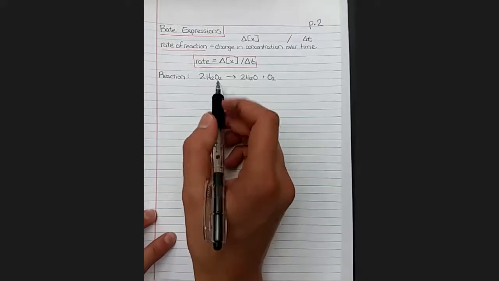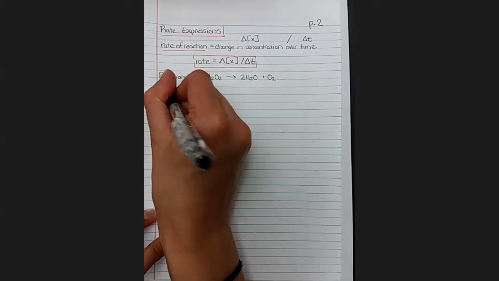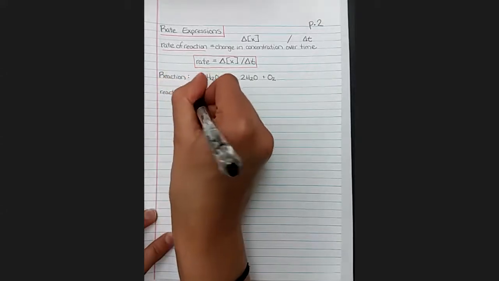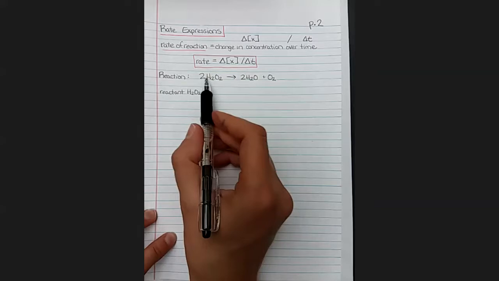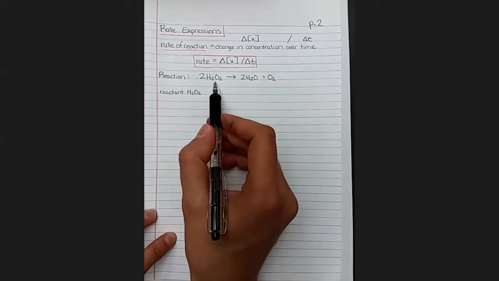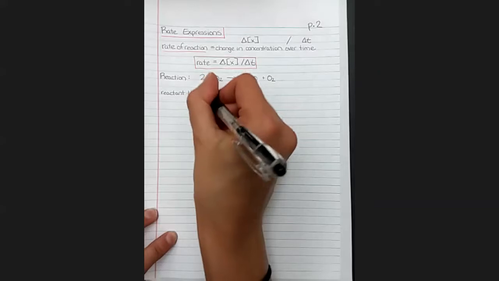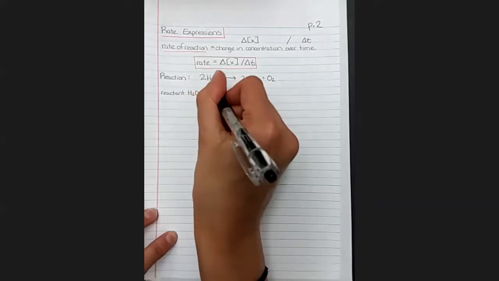So H2O2, that's going to be a reactant on the left side. And then what happens to the reactant? The reactant gets used up. It goes away as we push towards the product side. So we're going to say it decomposes.